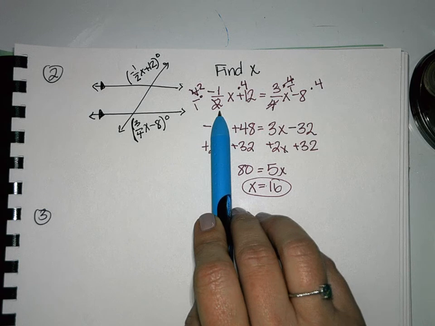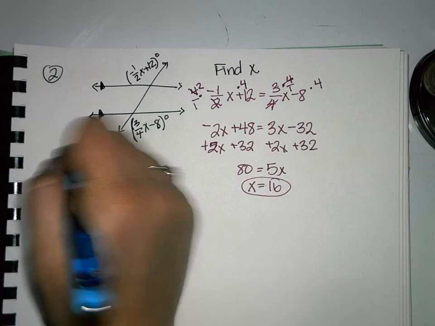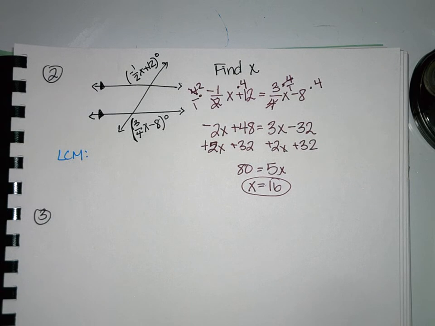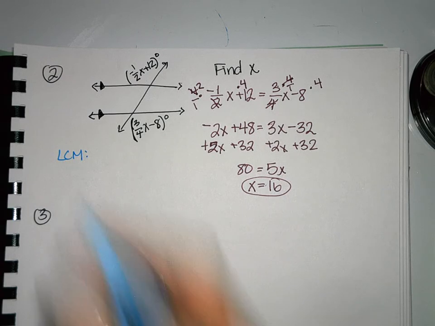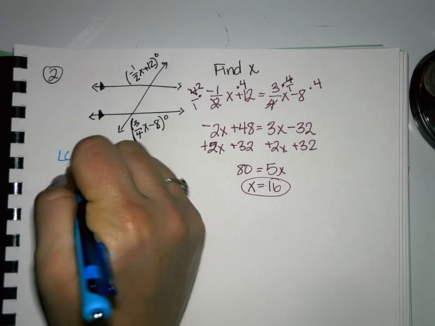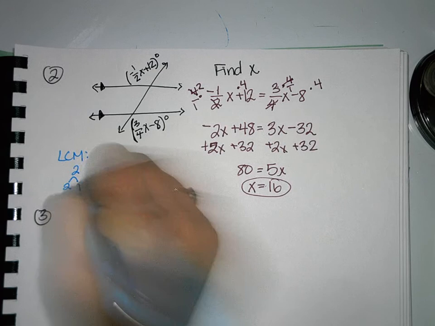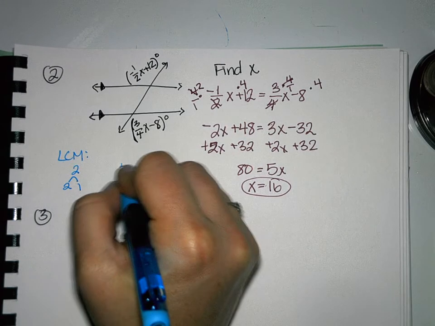So to do that, we look for the least common multiple. Do you guys remember learning about least common multiple? Okay. So to find the least common multiple, if it's one that you can't think of off the top of your head, you can look at the factor trees for each one. So 2 and 4.